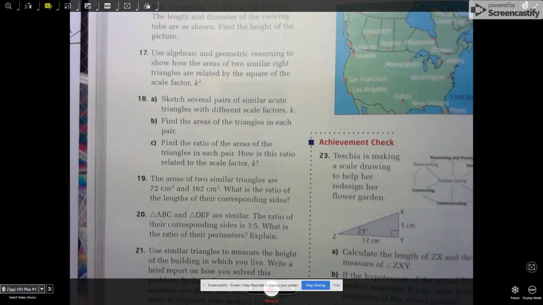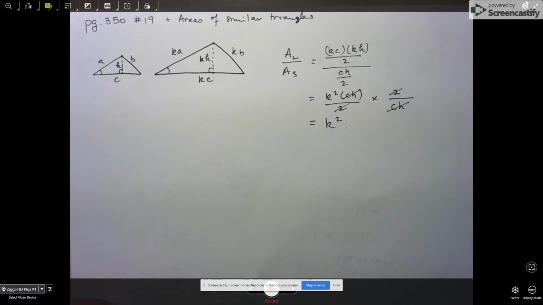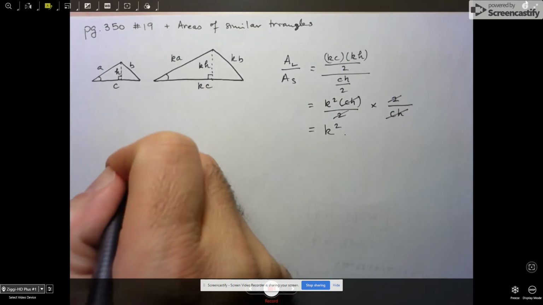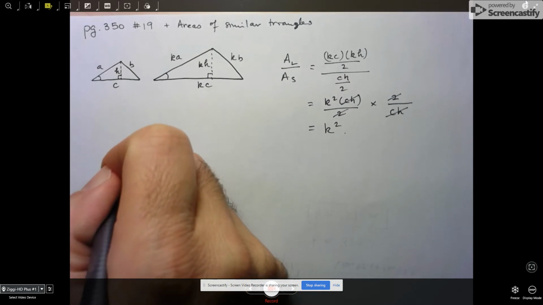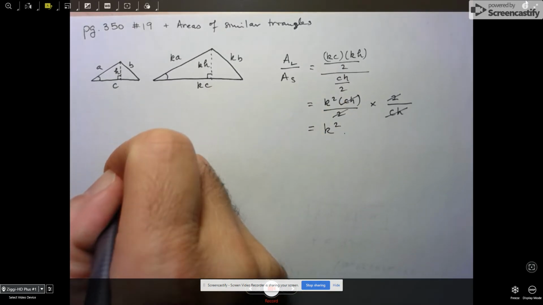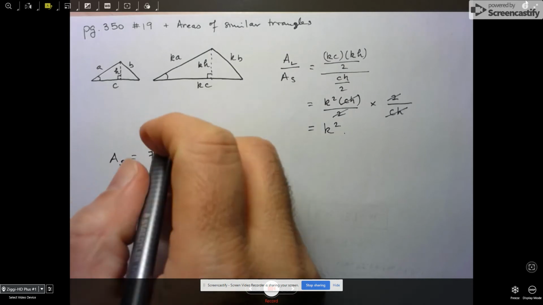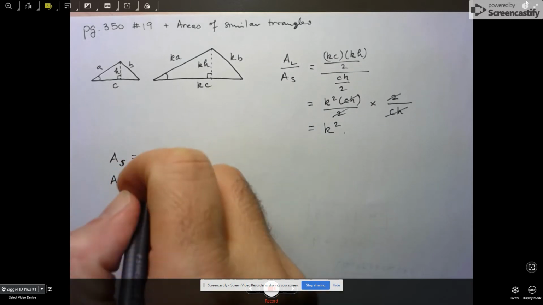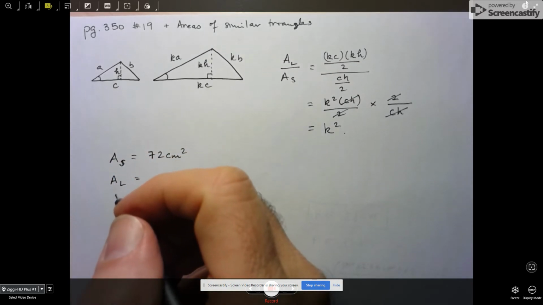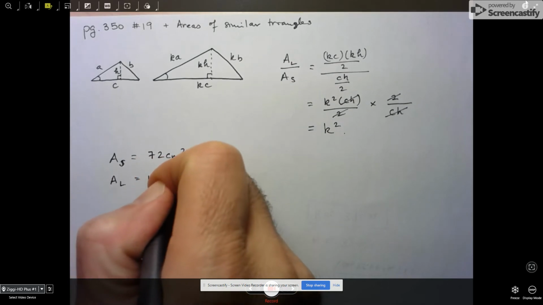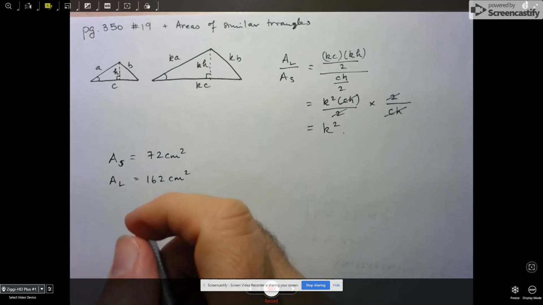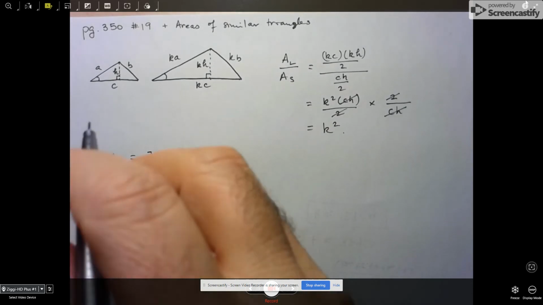All right. So let's say the area of the small triangle is 72 centimeters squared. The area of the larger one is 162 centimeters squared, and they want us to find the ratio of the lengths of the corresponding sides, in other words, the factor between them.